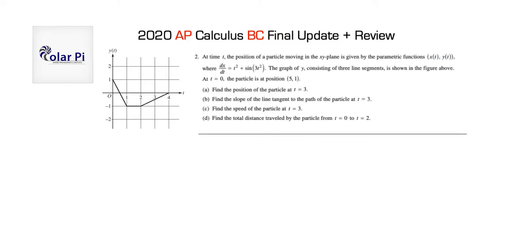Otherwise, this is the promised question about particle motion from the 2016 BC FRQ, and this is problem 2 on there. This is where particle motion is given as a vector. They're kind of being careless here, writing it in parenthetical fashion. It should really be written in vector fashion, but they mean vectors, and so you should know that.